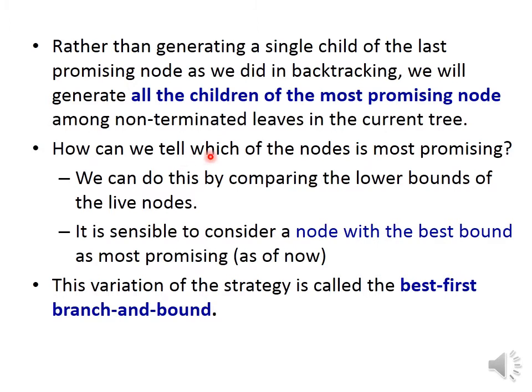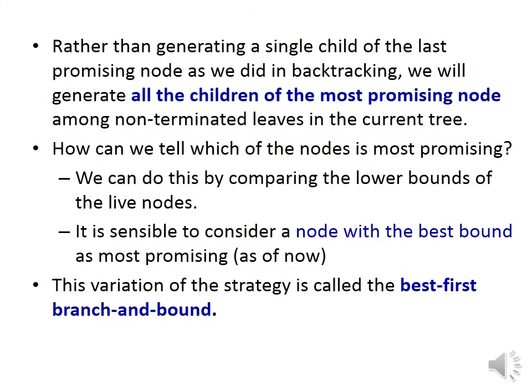How can we tell which nodes are most promising? We can do this by comparing the lower bounds of the live nodes. It is sensible to consider the node with the best bound as most promising. This variation of the branch and bound strategy is called best first branch and bound.